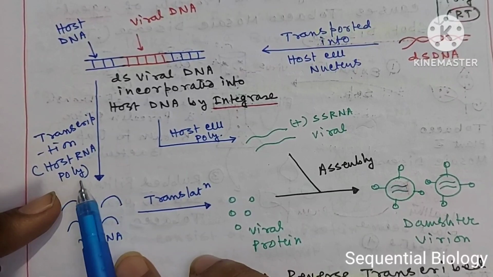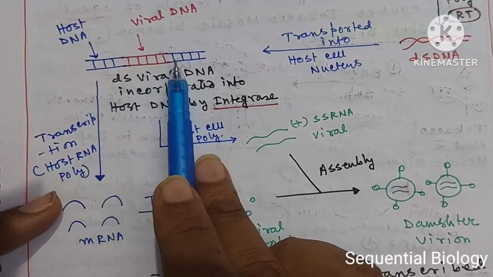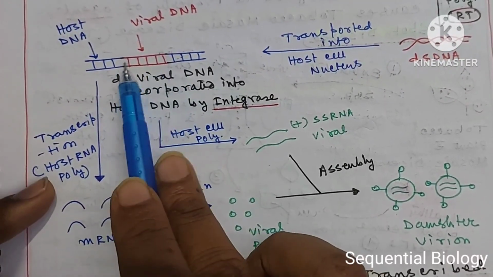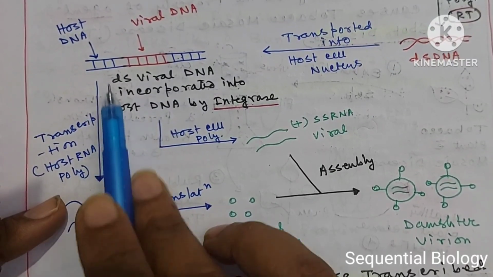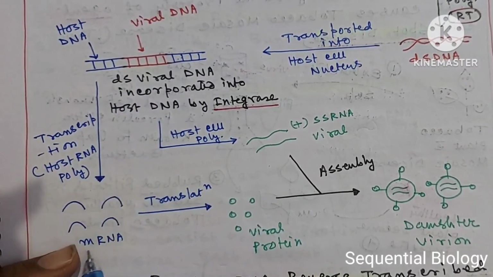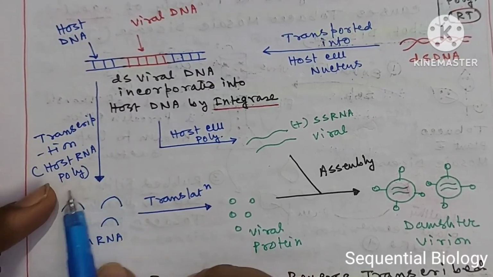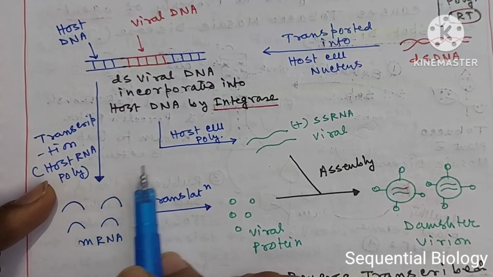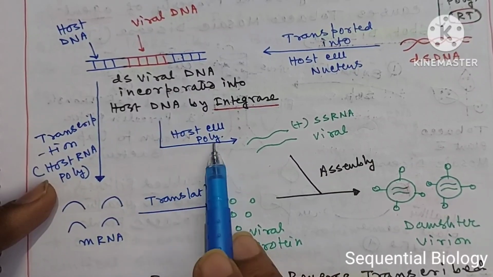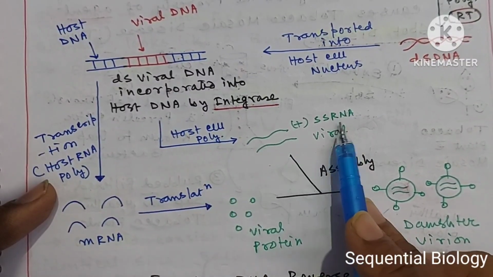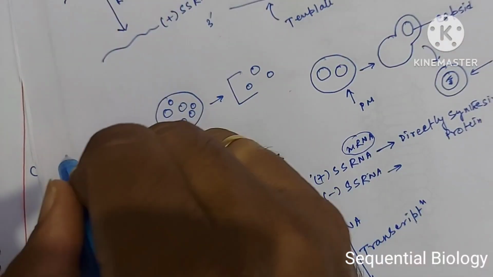Transcription is done by the host cell RNA polymerase. Since this is a double-stranded DNA, it follows the normal transcription process and forms many mRNAs, and with the help of the host cell RNA polymerase single-stranded RNA is produced.